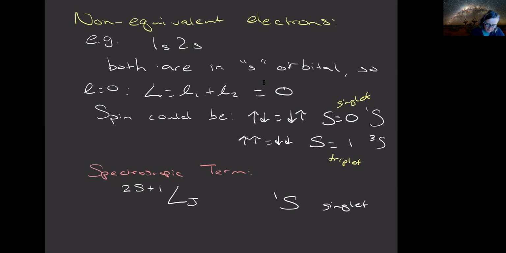Or alternatively, I can have 3S, that's 2 times 1 plus 1 equal to 3, my triplet state. So you can see where the names singlet and triplet come from, based off of the term to the left. Recall that L is the orbital angular momentum number, and we'll always write that as S, P for L equals 0 or L equals 1.